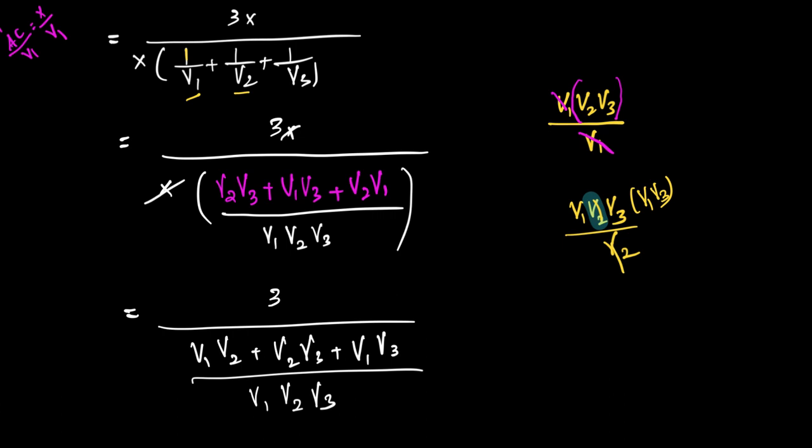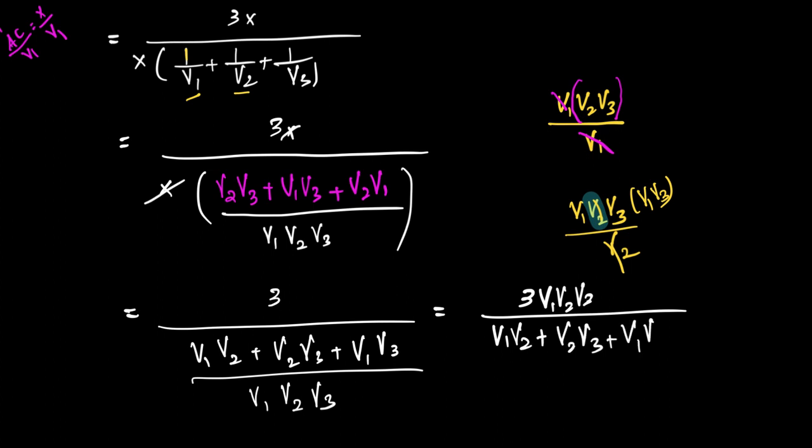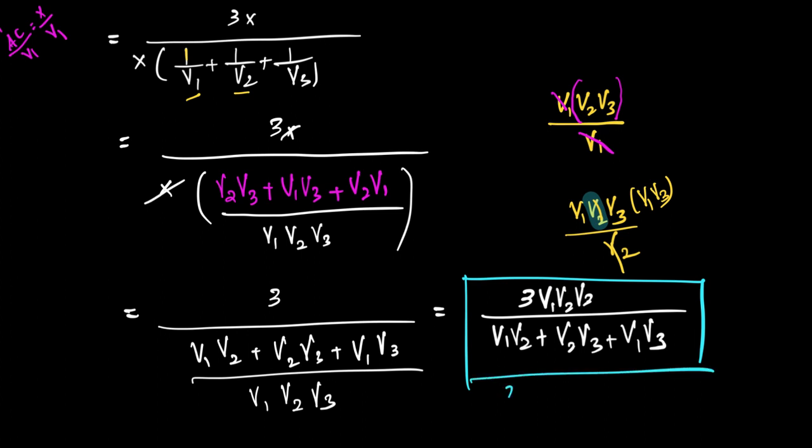Now this can further be written as 3 times v1 v2 v3 the whole upon v1 v2 plus v2 v3 plus v1 v3. So this would be the required expression for the average velocity.